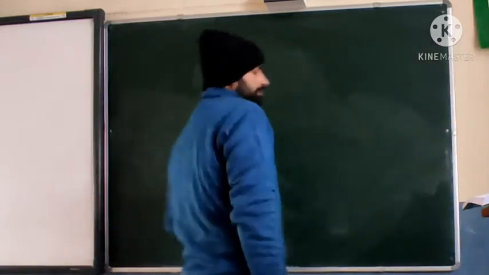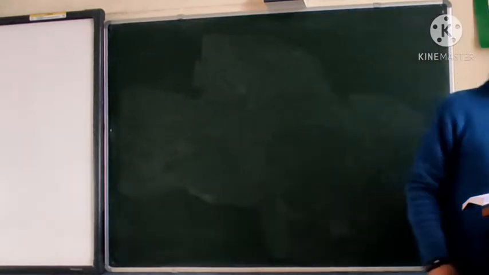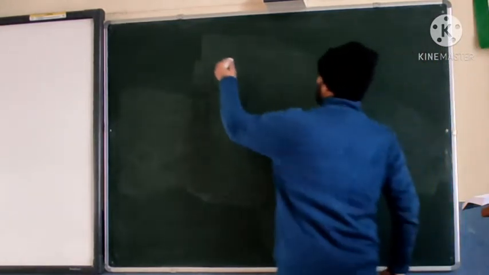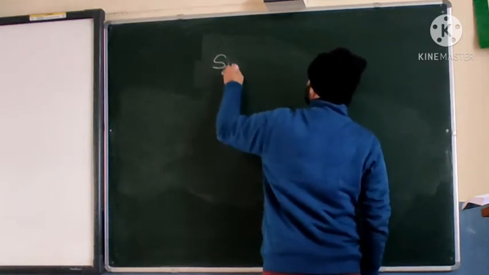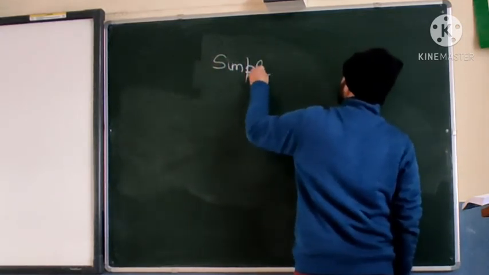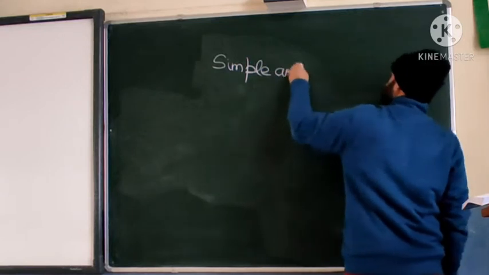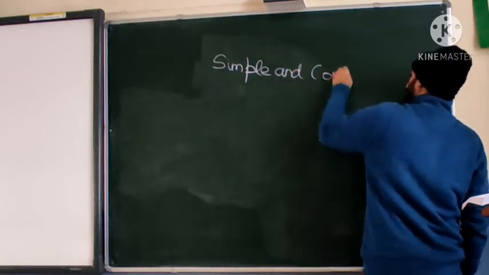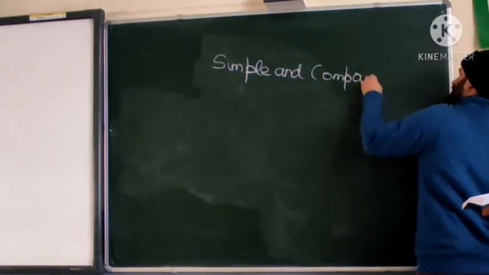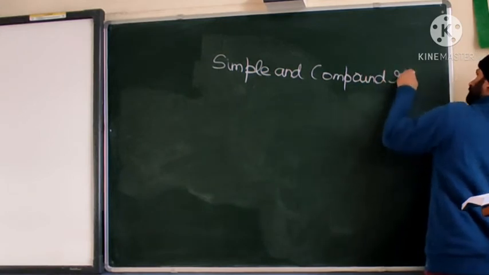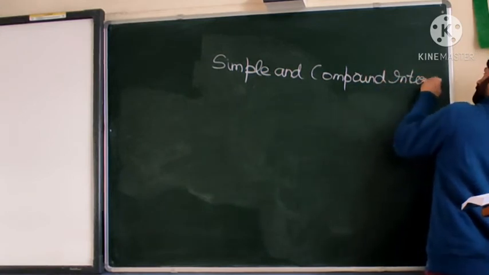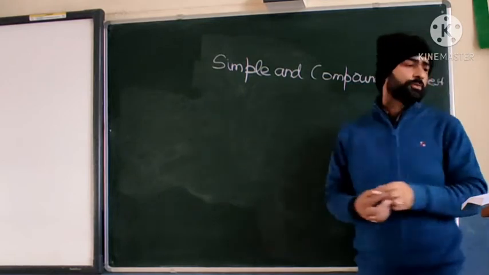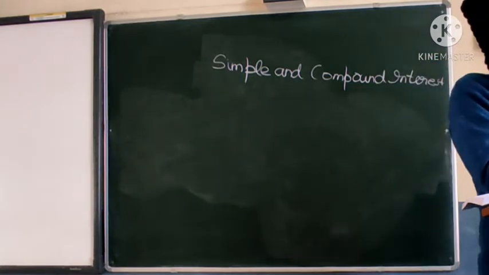Compound interest will be new for you. Let us start with this topic. So the chapter name is simple and compound interest. This will be a new topic for you.